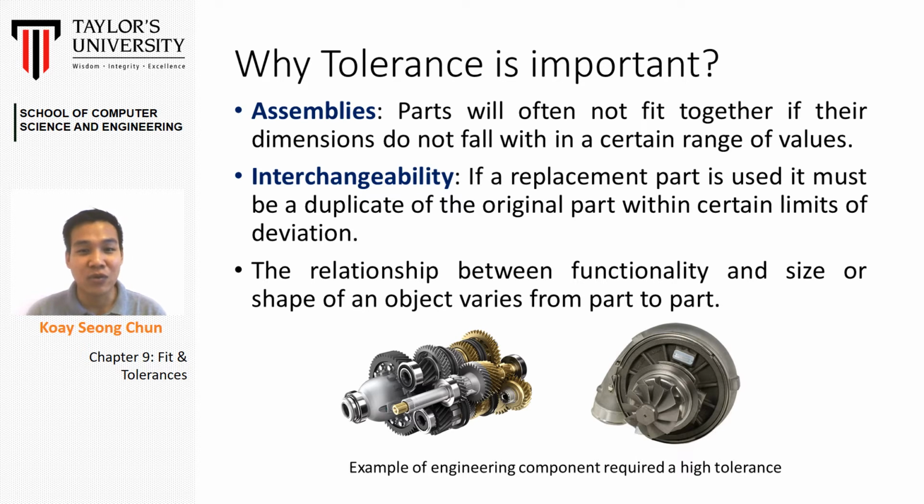For your gearbox, the fuel consumption will be influenced by the tolerance, and also the durability. If your part, like gear components, has a very low tolerance, wear and tear issues will happen.